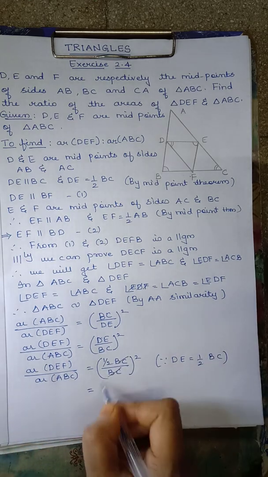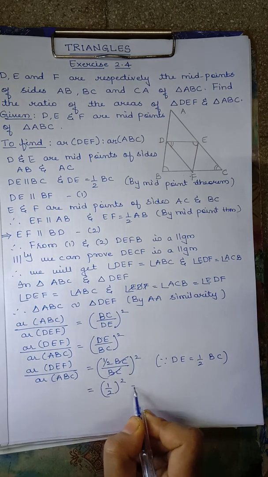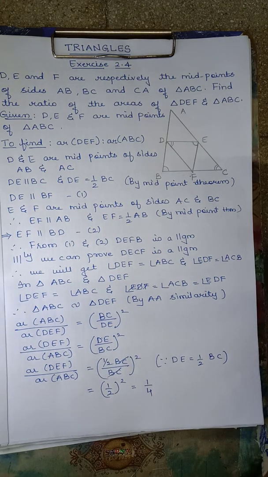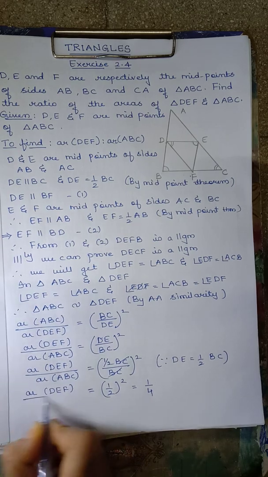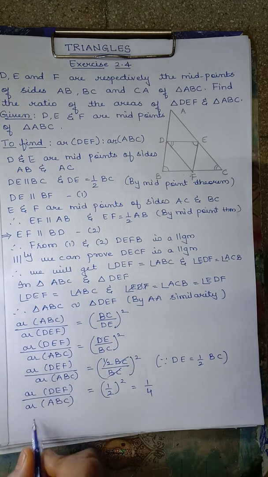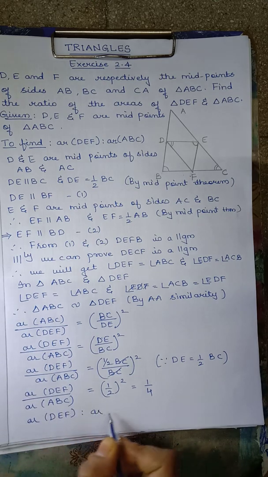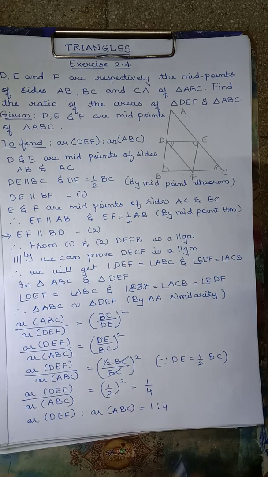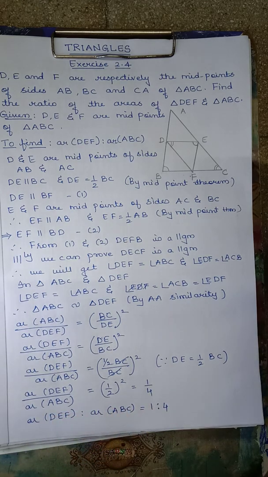So now BC will get cancelled. 1 by 2 upon 1 is nothing but 1 by 2 whole raised to square, and 1 by 2 whole raised to square is nothing but 1 by 4, children. Okay. So this is nothing but area of DEF upon area of ABC. So the ratio of area of triangle DEF to area of triangle ABC is equal to 1:4, children. Okay. So we got the ratio of the areas of two triangles.